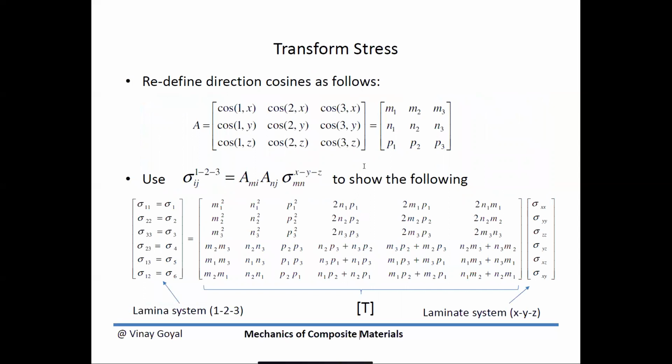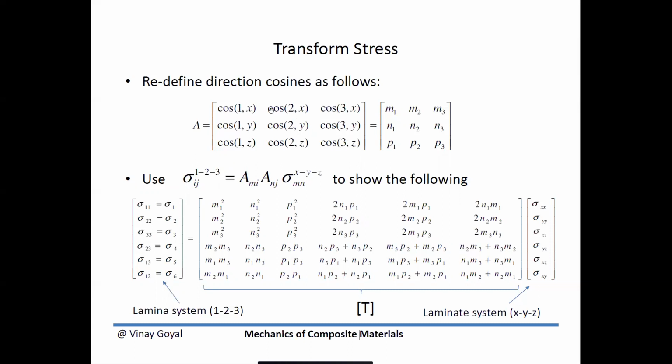As you may recall, we want to define the direction cosines as a matrix A, and A will be made up of these direction cosines. And this gives us the cosine of the angle between the 1 and the x-axis, the cosine of the angle between the 1 and the y-axis, the cosine of the angle between the 1 and the z-axis, and so forth.